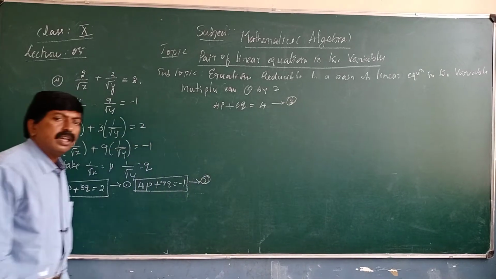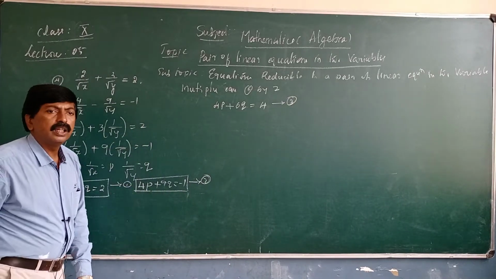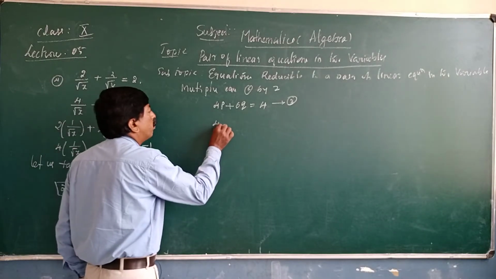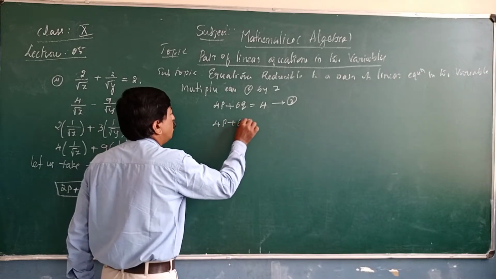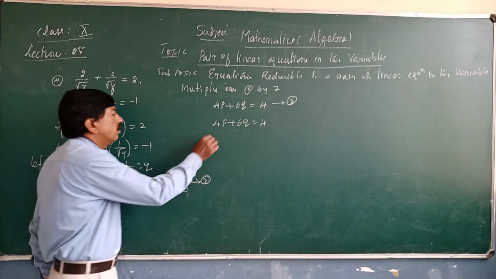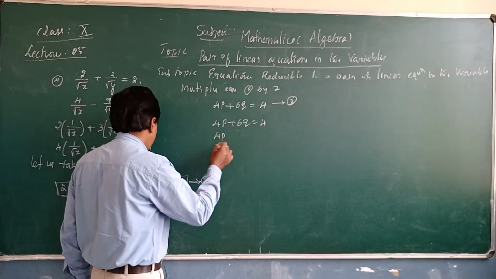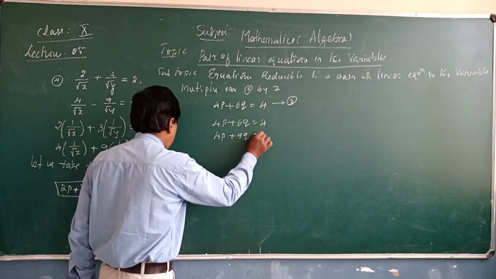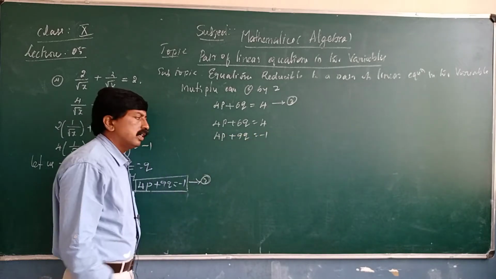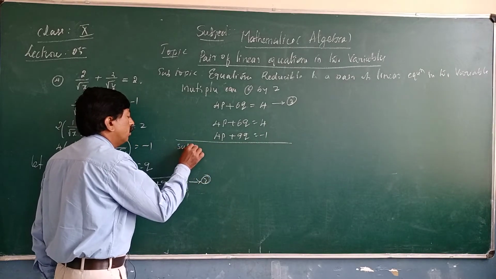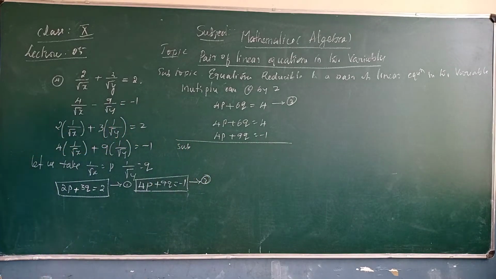Now let us take equations 2 and 3. Equation 3 is 4p plus 6q is equal to 4. Next, 4p plus 9q is equal to minus 1. Now what we have to do? Subtract. We can subtract these to eliminate 4p.